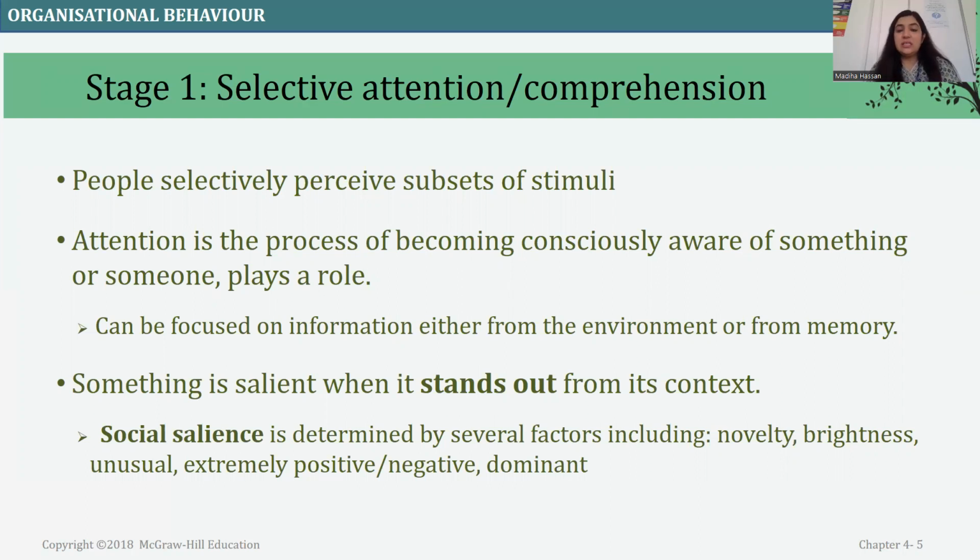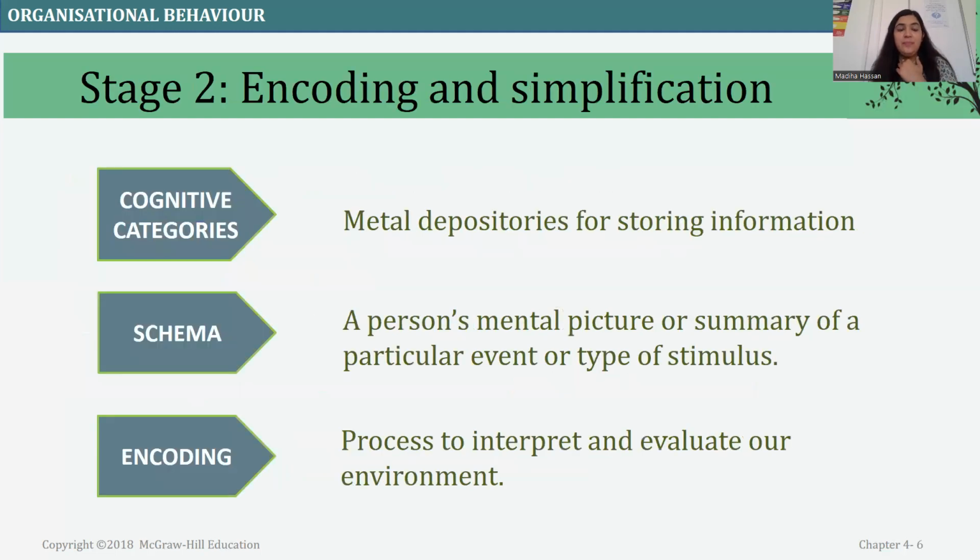Social salience is determined by several factors, including novelty, brightness, unusual, extremely positive, negative. As you can see in the picture, the word standouts is bold, and if you start reading it, you will only focus on the standout. Why? Because it is bold and you can see it. So this is how the information that stands out is retained more. That is selective attention: you give selective attention to that specific thing.